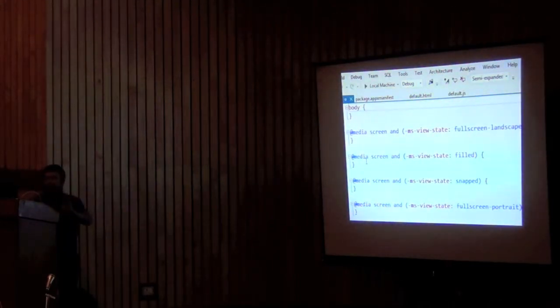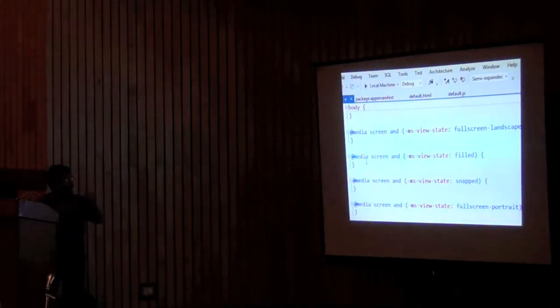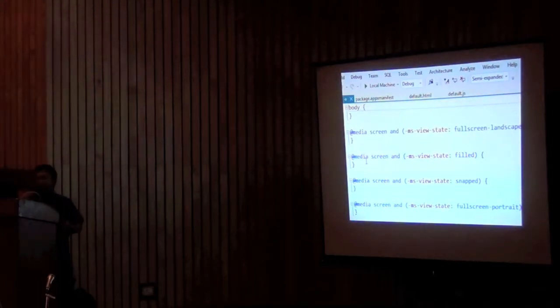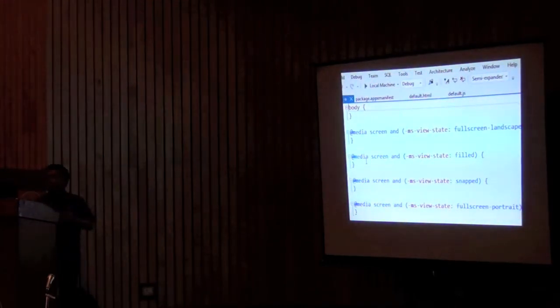So the moment you change it, the application will identify this through the media query and apply that CSS to your application. You don't have to write any code to do that. You just need to put the right CSS in the right place, and the application will fire the event, pick it up through the CSS media query, and apply that CSS to the HTML so that your design changes automatically.